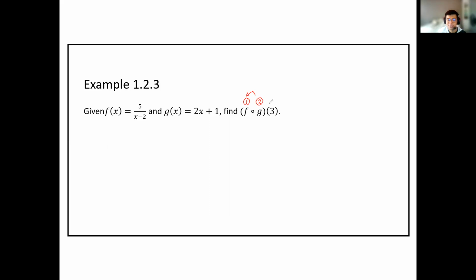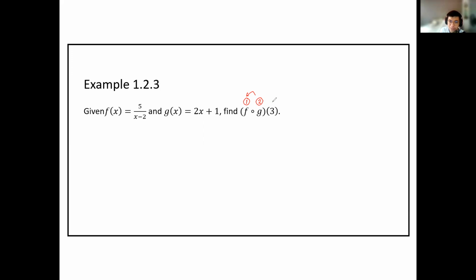So let's take it step by step. On the previous slide, we just stopped at plugging in the second function into the first function, and then we don't have any value of x, right? So, for example, our answer is x to the fourth minus 2x squared.